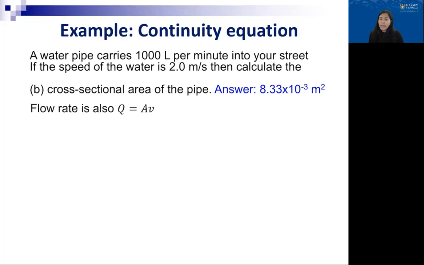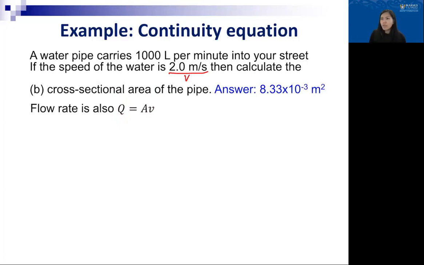And we know that flow rate is also related to the cross-sectional area of the pipe times the speed at which the fluid is flowing through that area, as we've seen in the earlier slides. So we've solved for flow rate and we are given the speed, 2 meters per second.